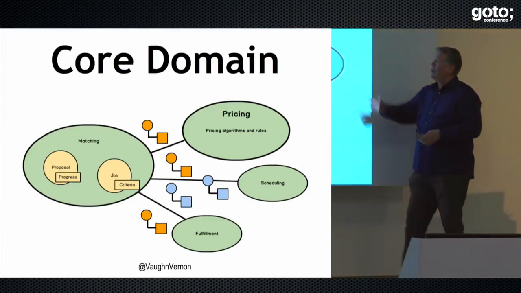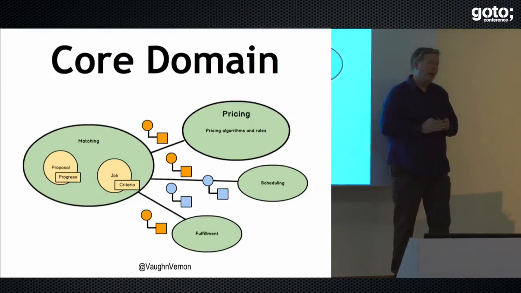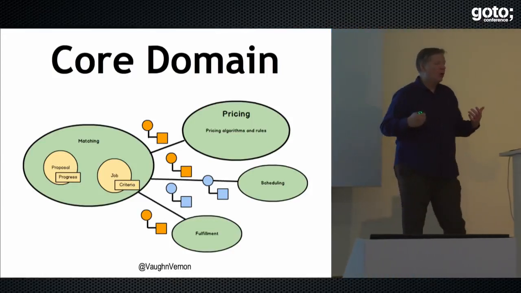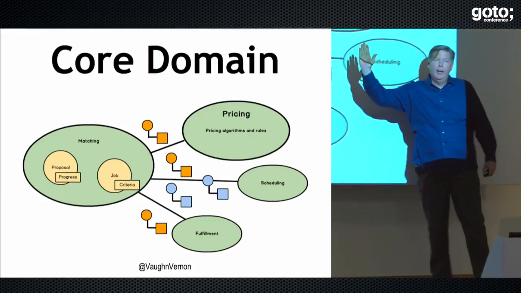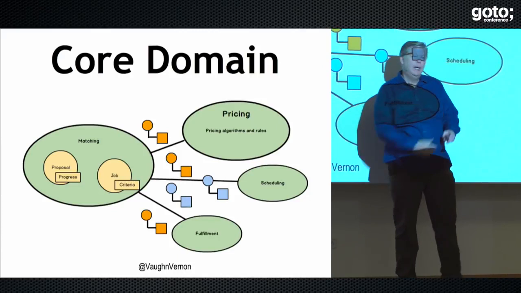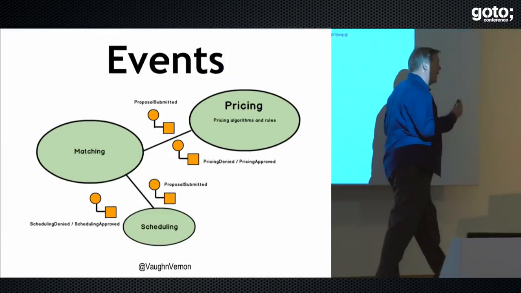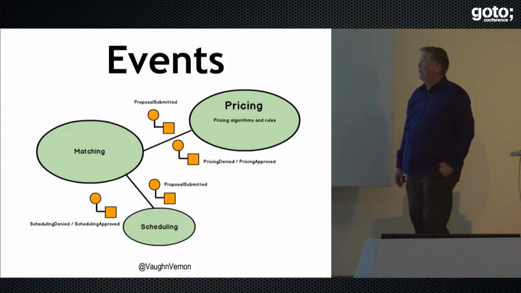We want to make sure that we make more money because we are managing this on a holiday. You know, we're trying to find out where do we want to put our investment in knowledge. And I'm going to say it's probably not mostly here. It's probably in pricing. So you have to choose your core domain carefully.